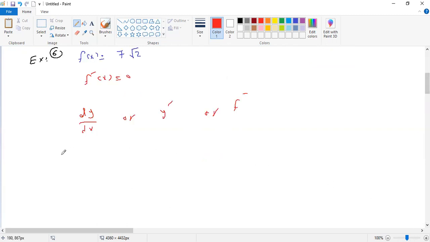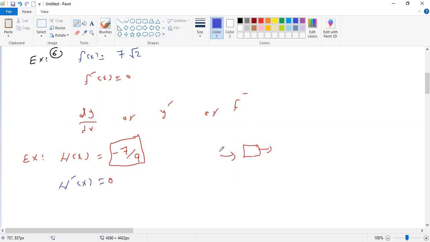For example, if I say h(x) is equal to minus 7/9, and we are asked to find h prime, then h prime of x equals 0. The function h(x), the output, is always negative 7/9 for each x. So the function has an input and an output. The input is x and the output is y.